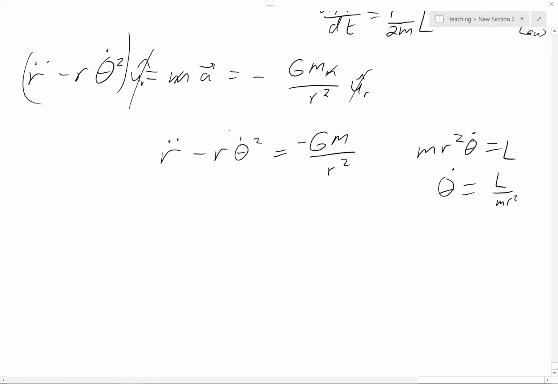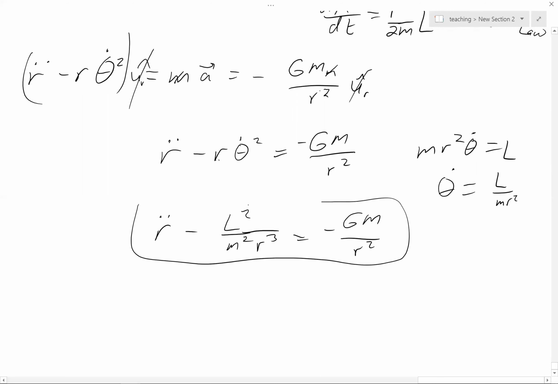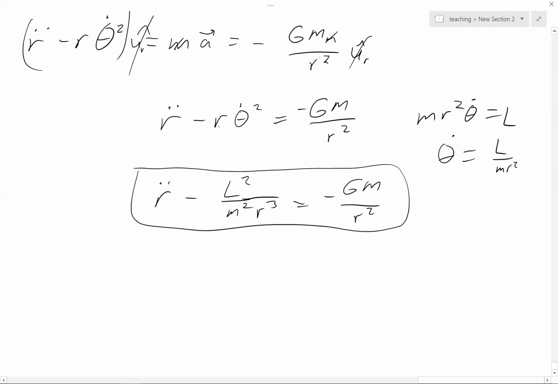So I can plug that back in here. And so I'll have r double dot minus, well, when I square this, I'll get L squared over m squared, and then I'll have r to the fourth, but then I've got an r here, so altogether I'll have r cubed, minus GM over r squared. So that's the equation I need to solve.